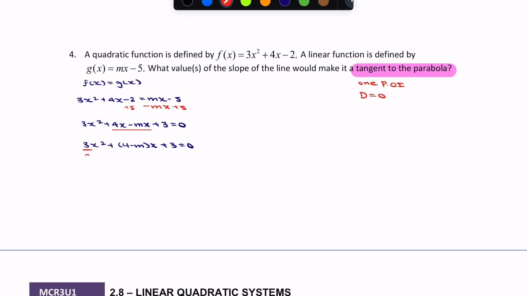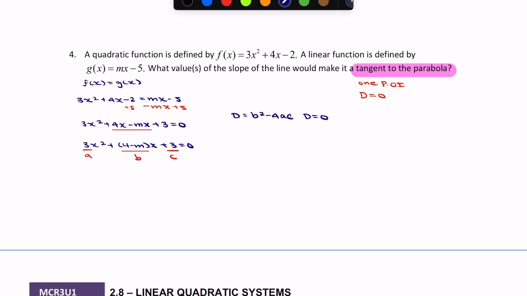So here we see that 3 is our a value, 4 minus m is our b value, and 3 is our c value. So here we see that discriminant is equal to b squared minus 4ac. Here our discriminant is equal to 0 because, again, it's tangent to the parabola.